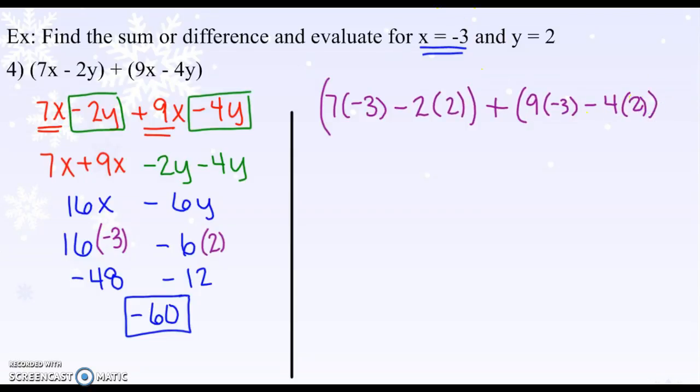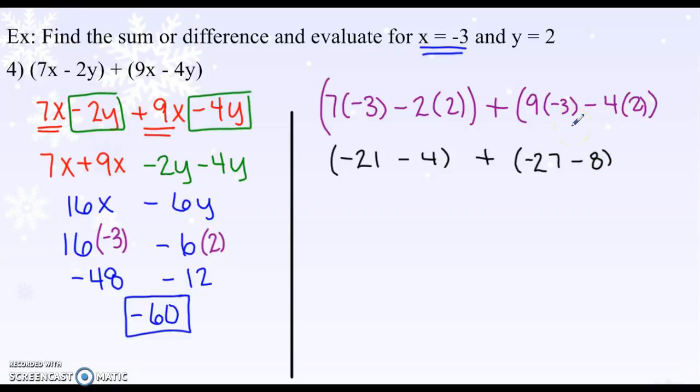So we're going to do all of our multiplication inside of our parentheses first. So negative 21 minus 4 plus, we've got 9 times 3 is negative 27 minus 8.